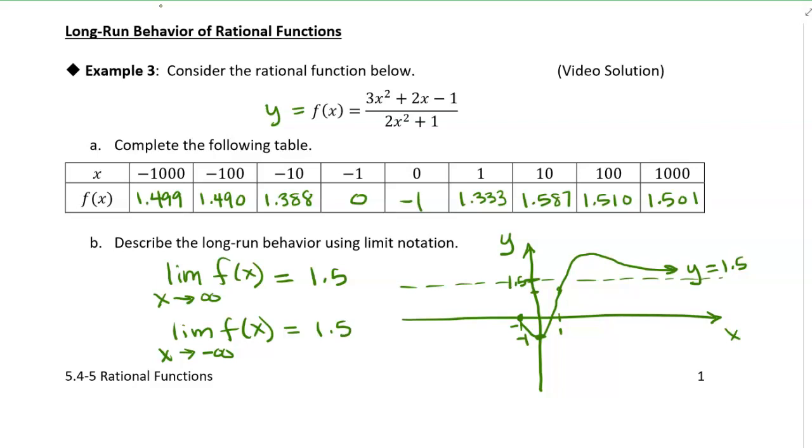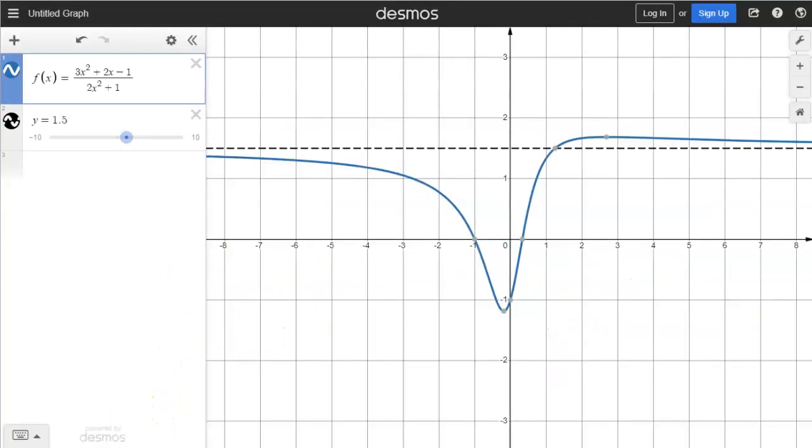Now on the other side, it doesn't appear to be crossing 1.5, but it's approaching 1.5 from the bottom. So it looks something like that. That's probably what the graph of this function looks like. So let's take a look at Desmos to verify that.